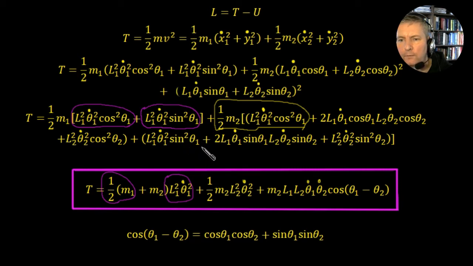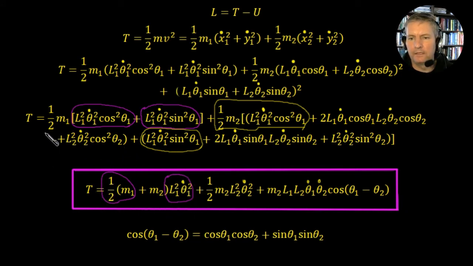If we take this one and this one, then you can see the cos squared plus sine squared is just a value of 1. So we're just left with a half m2 L1 squared theta 1 dot squared, and that's this term here. Okay, so these four terms are given in this first term here.